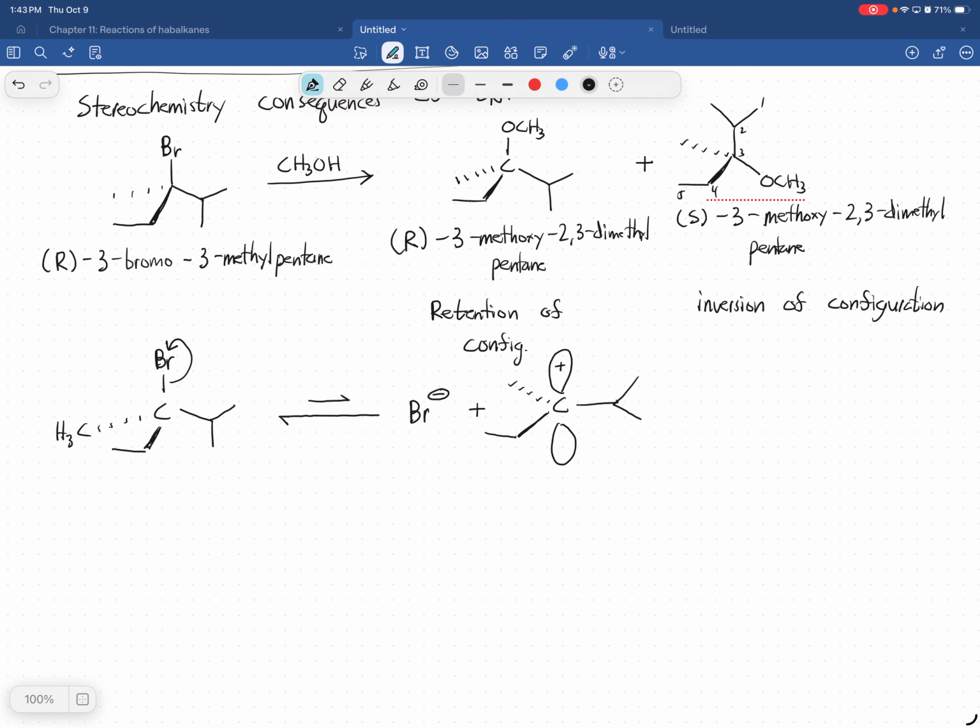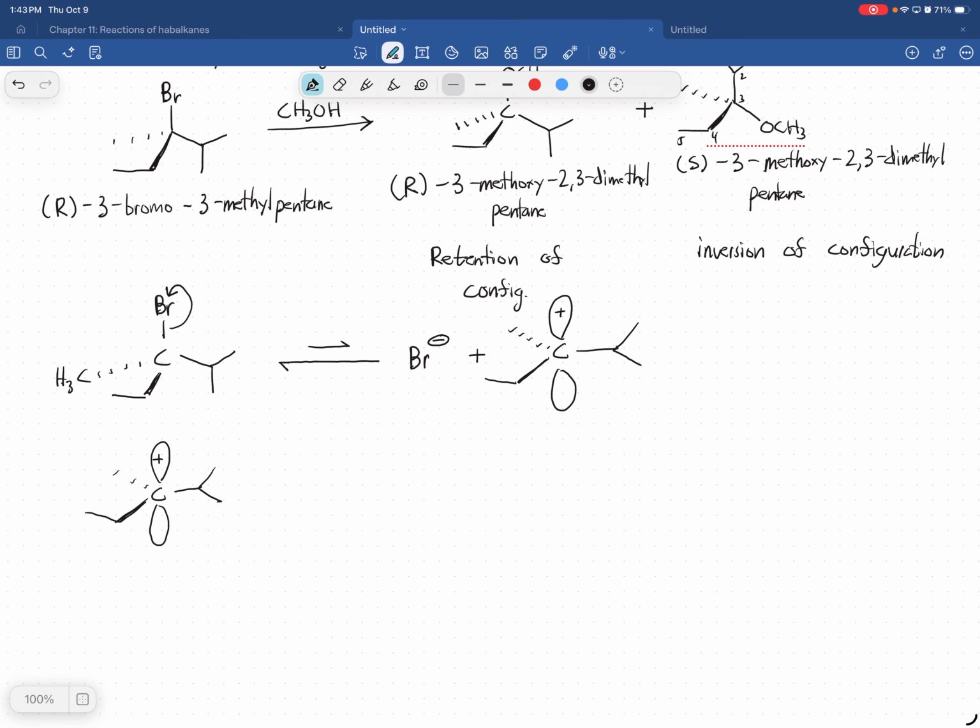Well, we have two versions of this carbocation, so let's draw two versions of it. Plus.